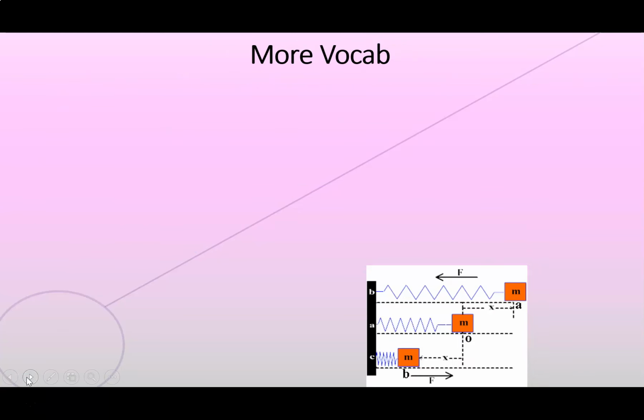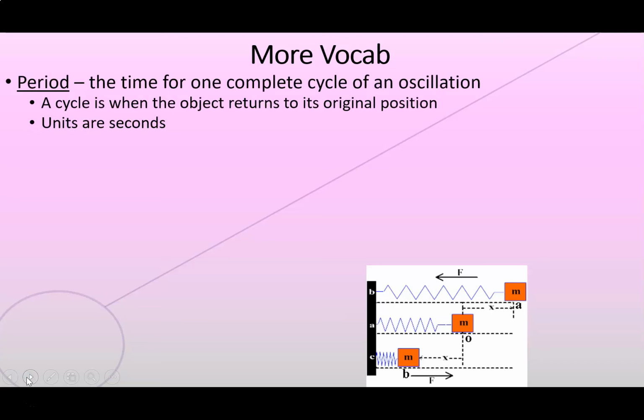Here's a bit more vocab related to oscillatory motion. So the period is the time for one complete cycle of an oscillation. So a cycle is when the object returns to its original position. So if we have a pendulum, and the pendulum goes over here, and then back over here, so forward and then back, that is a cycle.